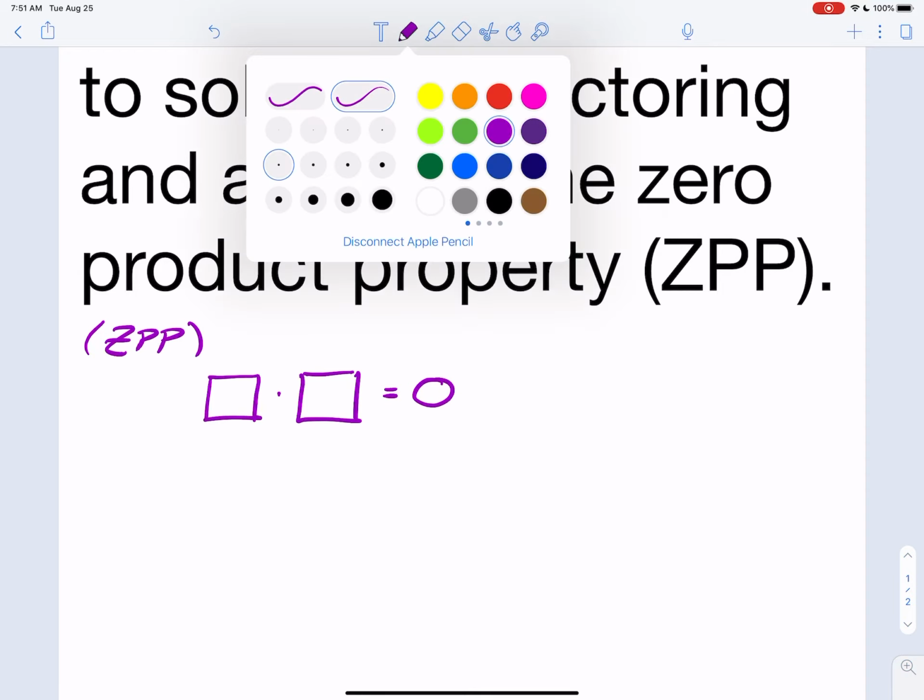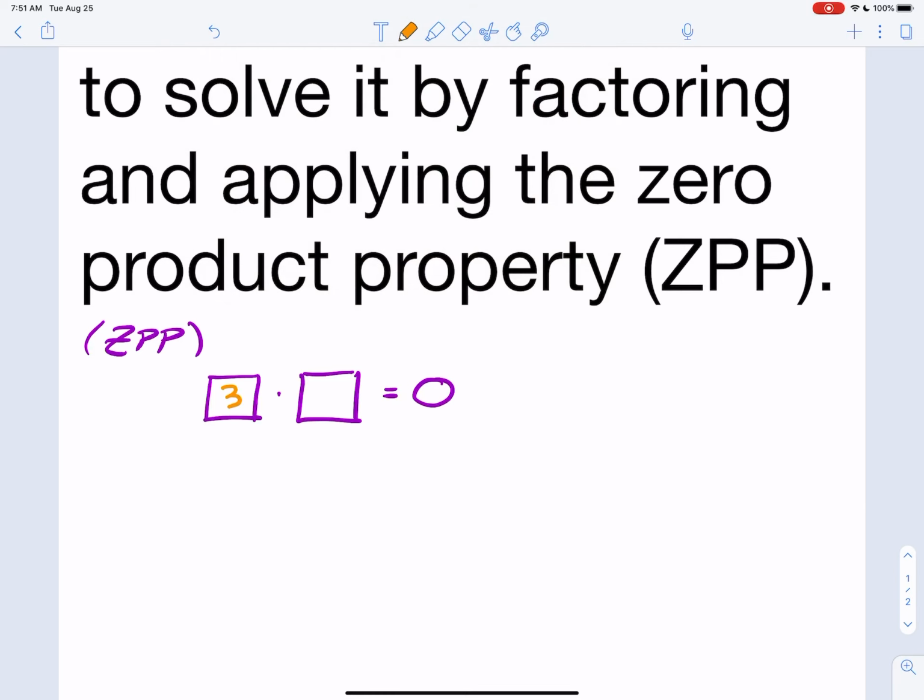If I told you that the first number was 3, can you tell me what that second number has to be, right? 3 times what gives me 0? So if the first number is 3, then the second one has to be 0, okay? Same idea, if the second number was 6 and the product is equal to 0, what does the first number have to be, right? It has to be 0.